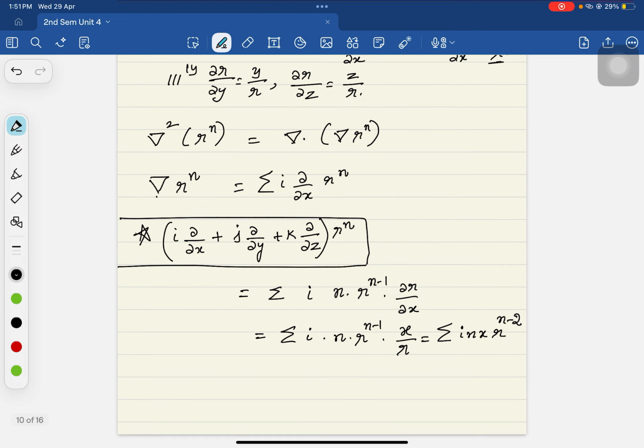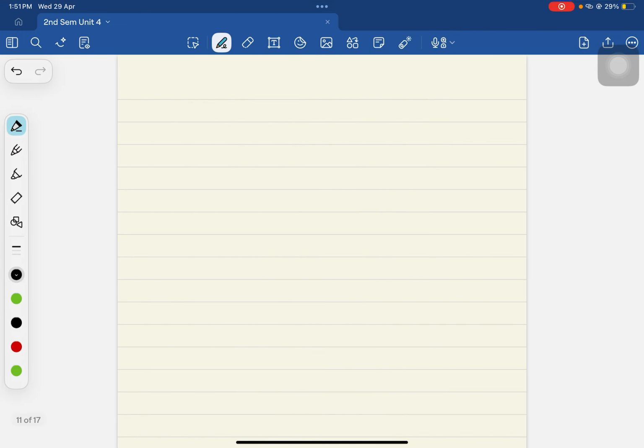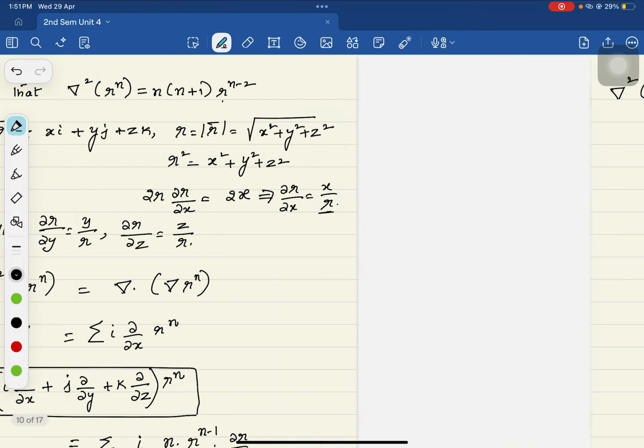Now let us proceed further to find del square of r power n. Del square of r power n is given by, again, sigma dou by dou x of del of r power n.